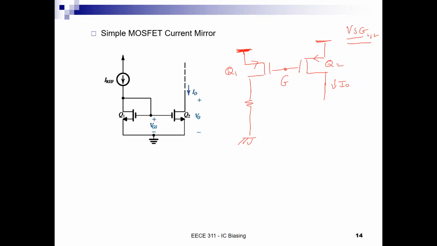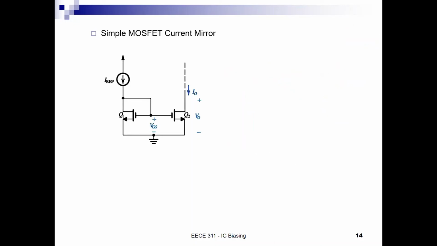Now, let me ask you a question. Where is the drain of Q1? Sorry, but I need to zoom out. Let me draw it again.